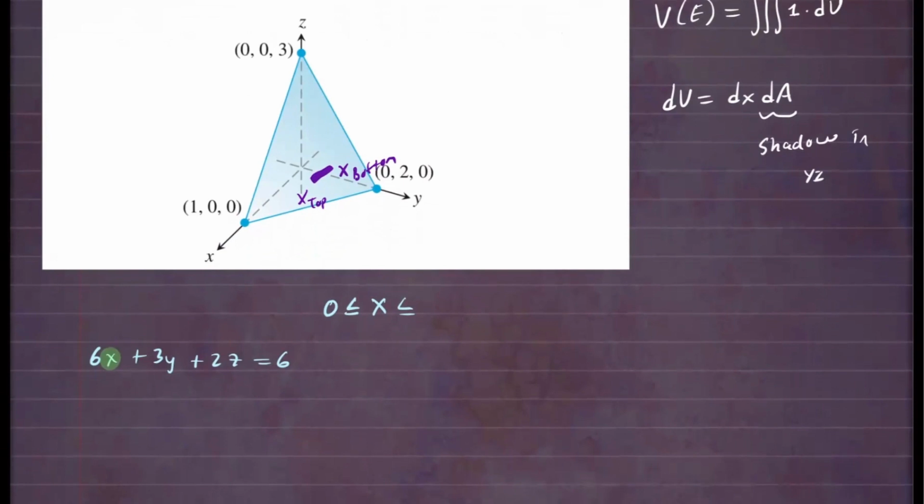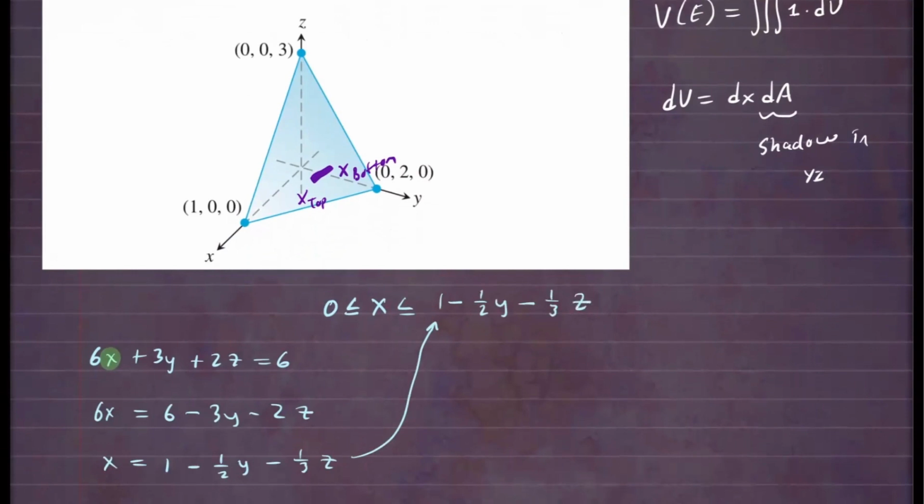So you have 6x equals 6 minus 3y minus 2z, and divide by 6. So x is equal to 1 minus 1/2 y minus 1/3 z. So that's going to be our x top. All right, so that's done.